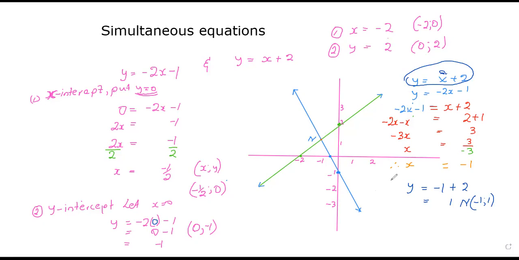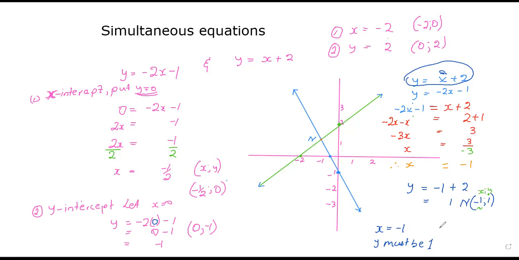We mean if we choose x is equal to -1, we know that our y must be 1. If not, something is wrong with our arithmetic. From this coordinate, it is clear that when x is -1, y is 1. Because this is x, and that's y.